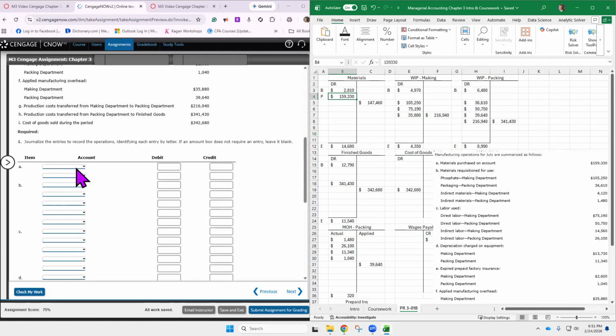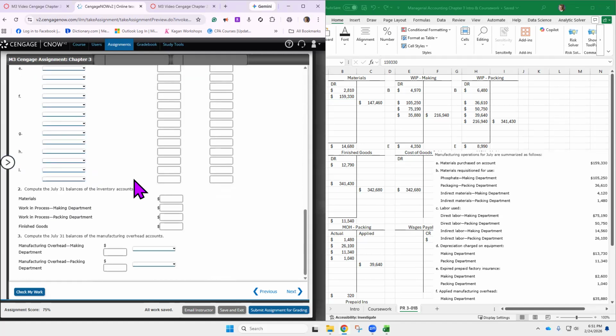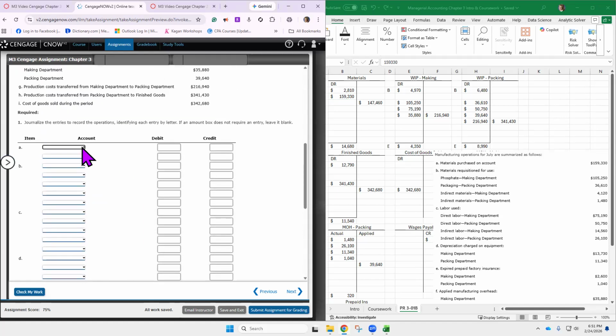I must have gotten out of this because I had this all done. So we're going to get materials 159,330, and accounts payable, 159,330.